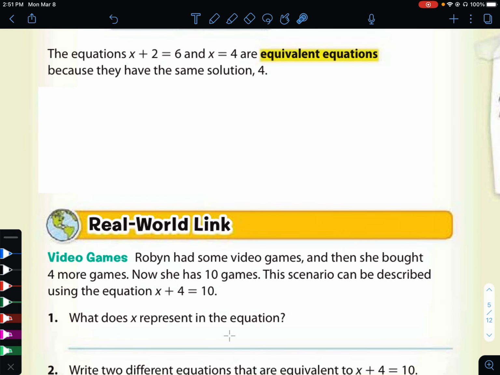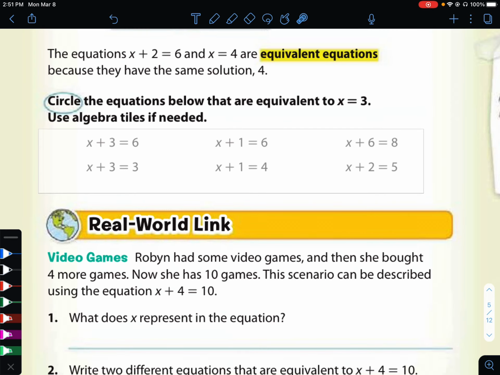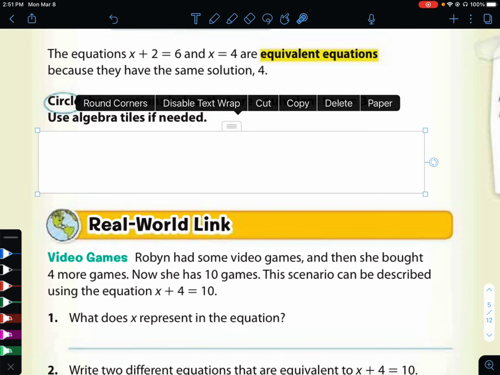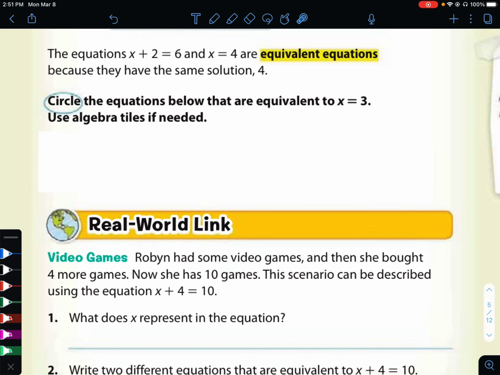Circle the equations below that are equivalent to x equals 3. If we want to circle the equations that are equivalent to x equals 3, all of them should have the same solution, which is x equals 3. The value of x should be equal to 3.